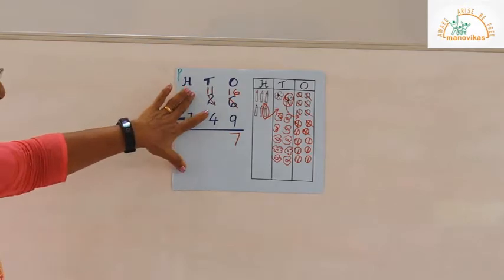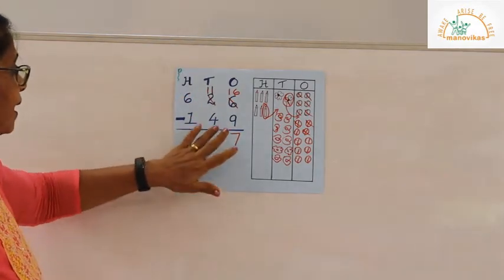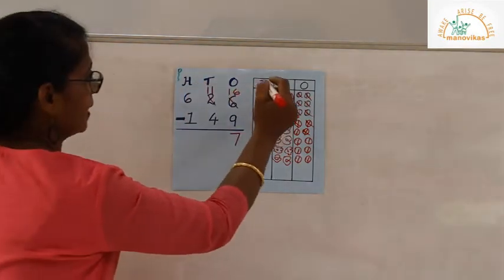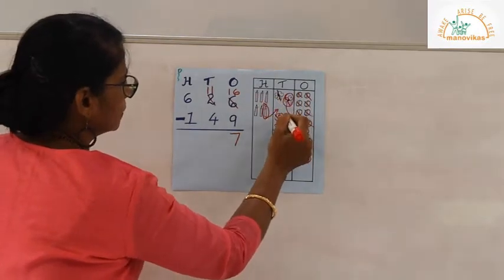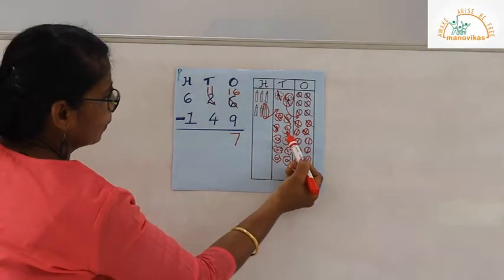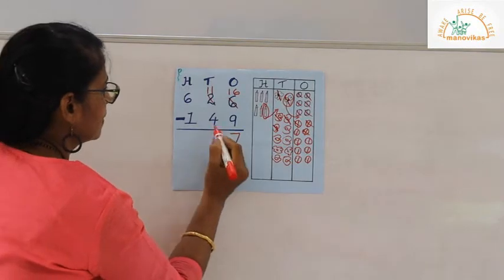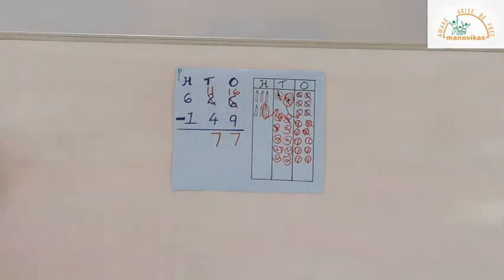Since 11 is a bigger number and 4 is a smaller number, we can subtract 4 from 11. So let's see. 1, 2, 3, 4. What remains is 1, 2, 3, 4, 5, 6, 7. So we get the number 7.